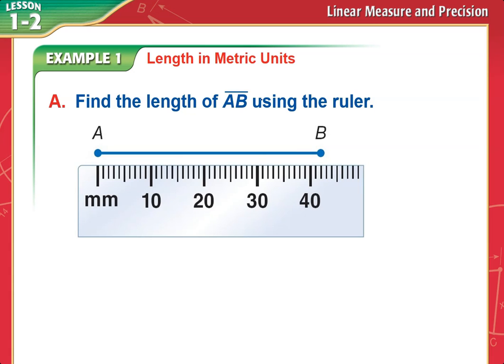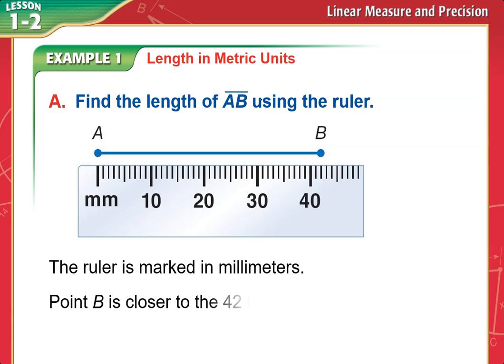Find the length of line segment AB using the ruler. That shouldn't be very hard. We can see that the ruler is marked in millimeters, and point B is closer to the 42 millimeter mark. So we have the length of line segment AB to be 42 millimeters.